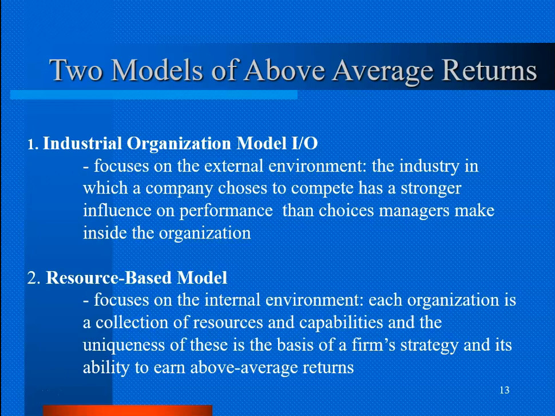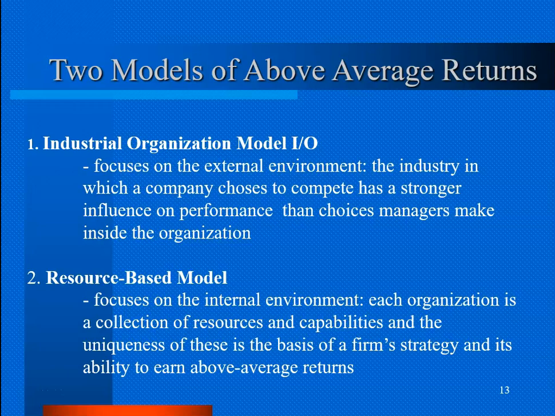Let us focus on the external because that is what is going to determine whether or not we earn above average returns. The resource-based model, on the other hand, is saying that each organization is a collection of resources and capabilities, and the uniqueness of these is the basis for a firm's strategy and its ability to earn above average returns.